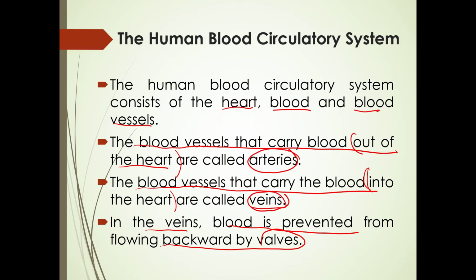The blood vessel that carries blood out of the heart is usually oxygenated blood, which means it will travel to our body parts. The one that carries blood into the heart is usually deoxygenated.